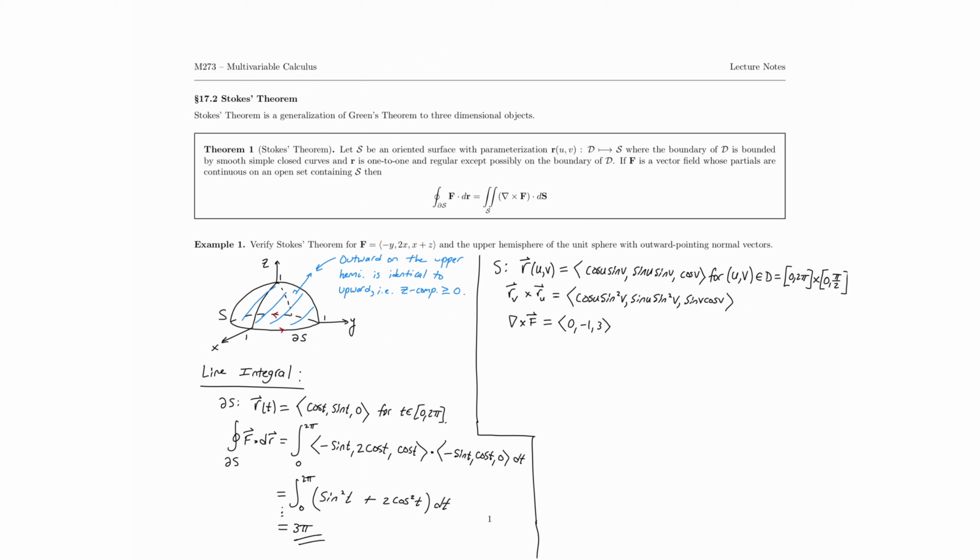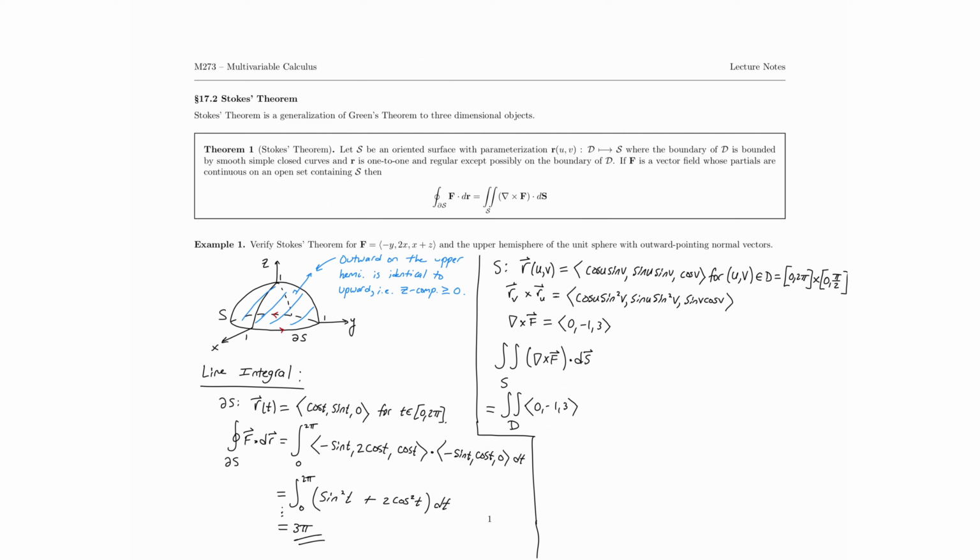So this would end up being the double integral over S, curl of F dot dS. This is equal to the double integral over D, which is 0, negative 1, 3. Now technically in this vector, if there were an x or a z, we would replace that z with whatever z is in your parameterization. But because in this result there is no x, y, or z, there's nothing to replace.